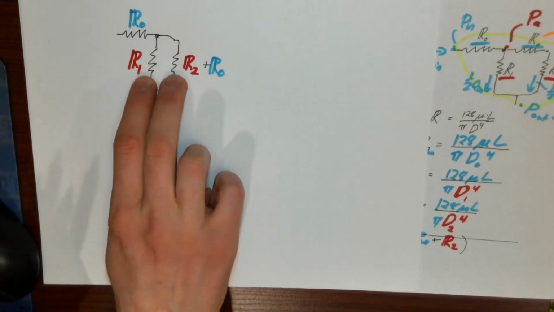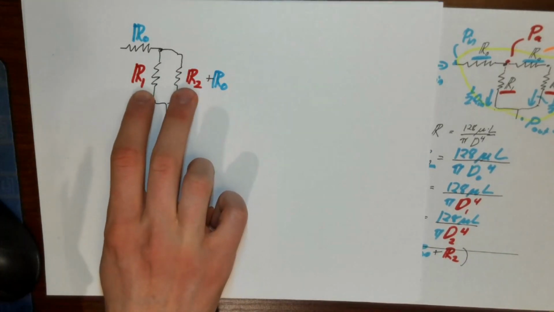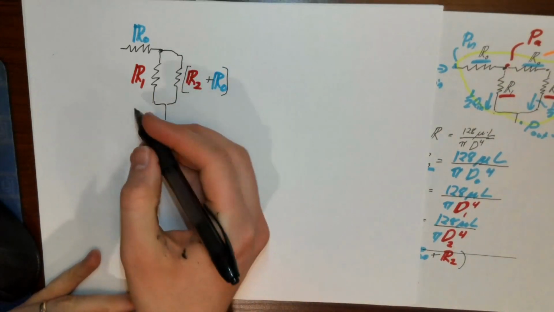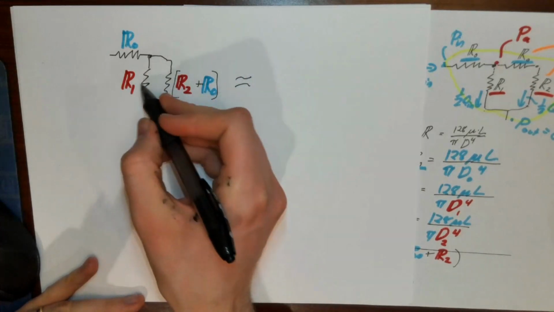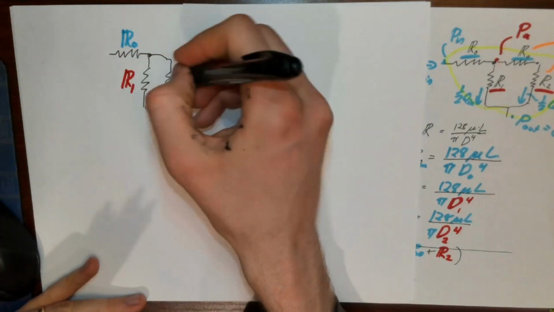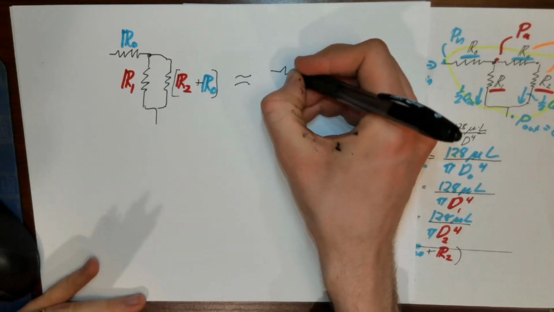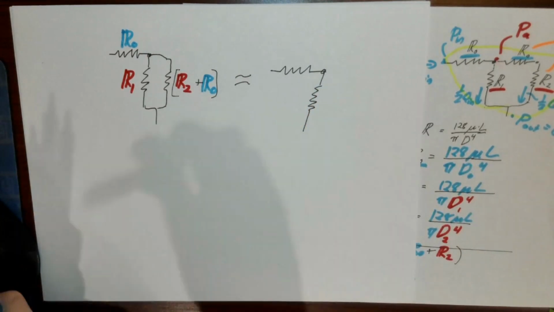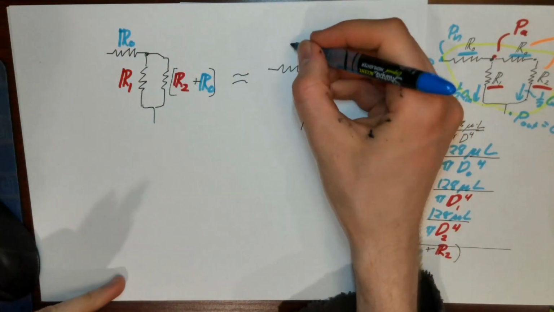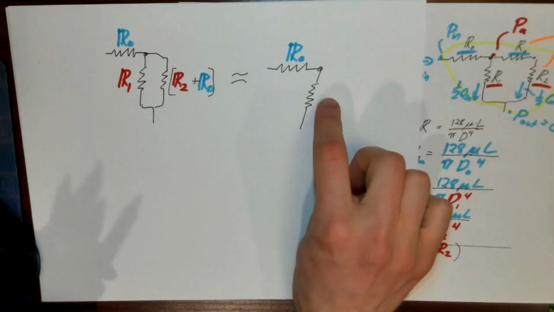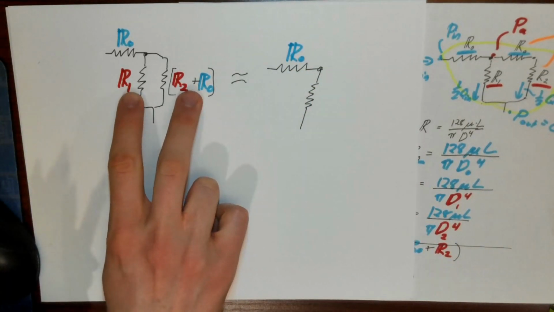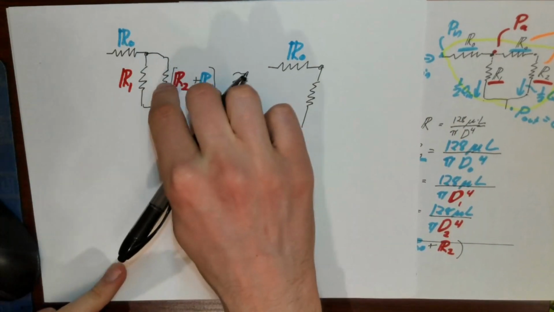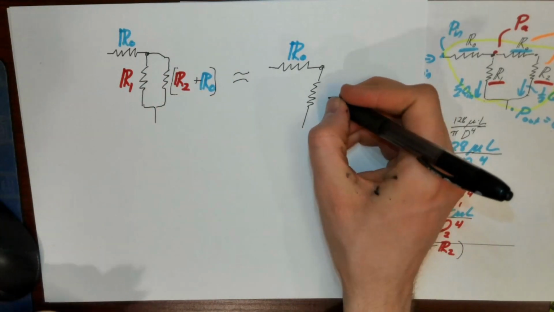Now, if we look at these two branches right here, these are in parallel. If I treat this as some unit, these two in parallel combined are going to be equivalent to this resistance here. I haven't touched this top R0, but if I take two resistances and combine them in parallel, then the equivalent resistance, one of which is already an equivalent resistance, is the product over the sum.